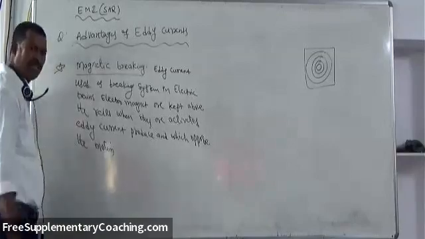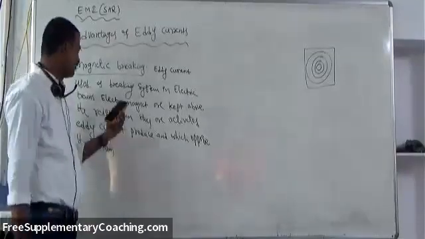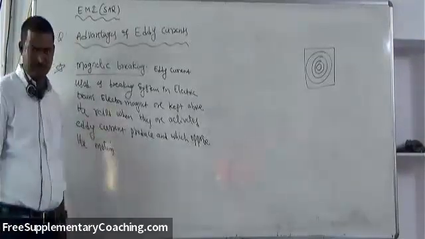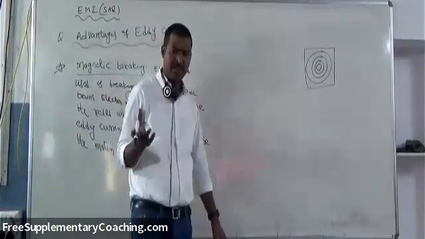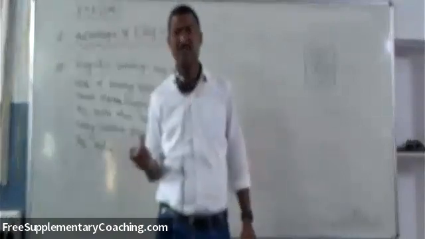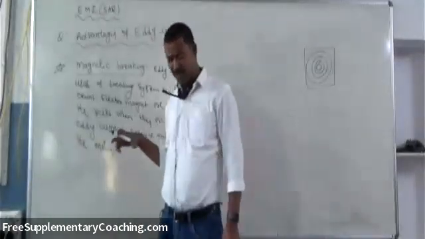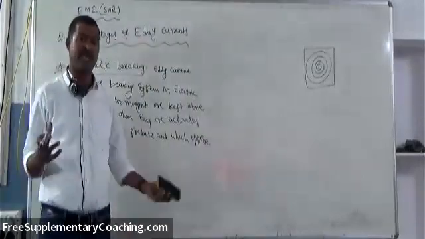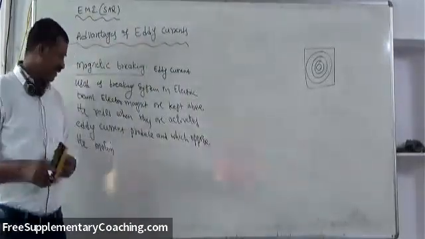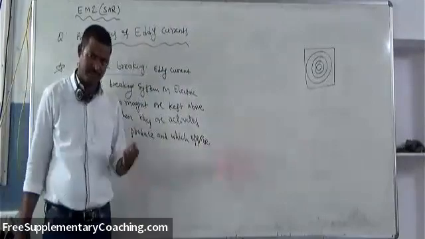This is the first advantage, magnetic braking. Simple: the braking system in an electric train is electromagnetic. Electromagnets above the rails are activated, eddy currents develop, and these eddy currents oppose the motion. Clear?